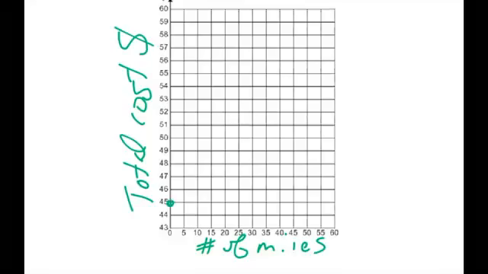If you notice down here, it goes every 5, and 5 times 20 cents is $1. So for every 5 miles, it goes up $1. Makes it nice and convenient for us. We'll go ahead and connect those dots and draw an arrow at the end.